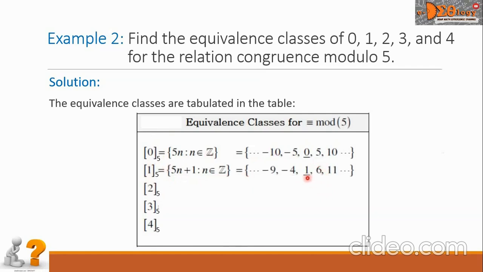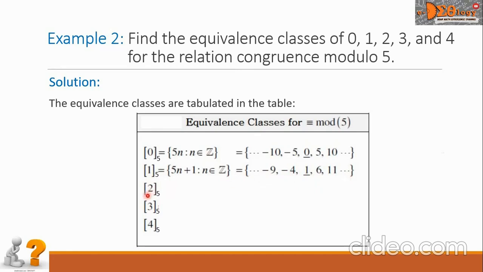On the right side of 1, 1 plus 5 becomes 6. 6 plus 5 is 11, and so on. On the left side of 1, the first element here is 1 minus 5, which is negative 4. Negative 4 minus 5 is negative 9. These are now the elements of the equivalence class of 1.